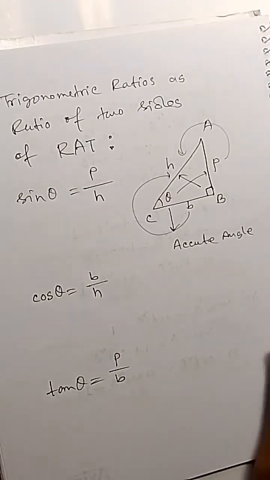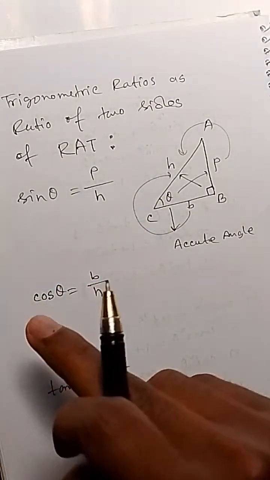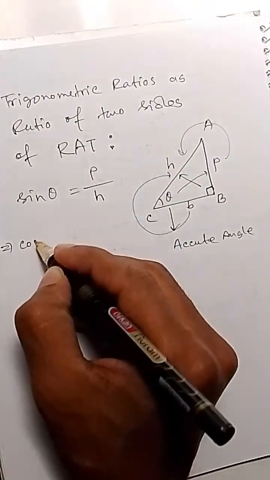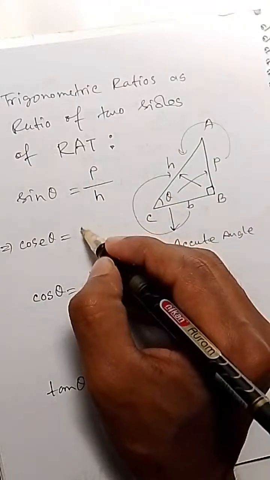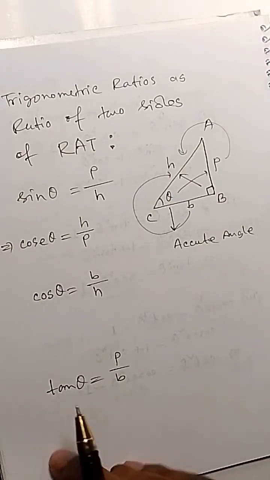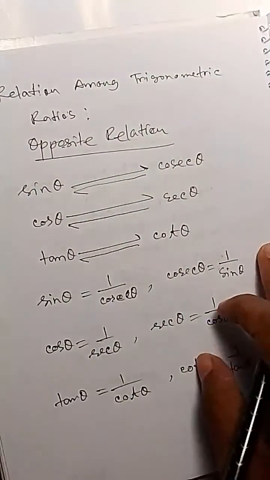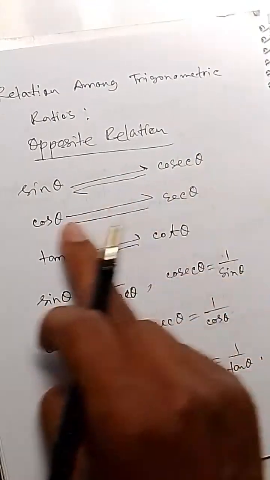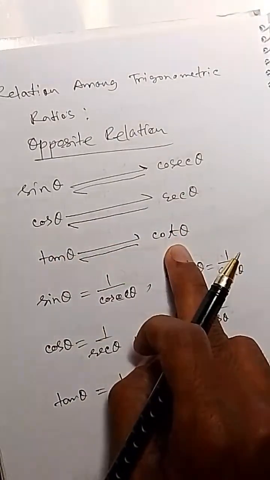And since we said that sine theta is opposite of cosec theta and cosec theta is opposite of sine theta, that means we can say cosec theta is equal to the opposite of this one, so hypotenuse by perpendicular, right? We said that the opposite of sine theta is cosec theta, opposite of cos theta is sec theta, opposite of tan theta is cot theta.